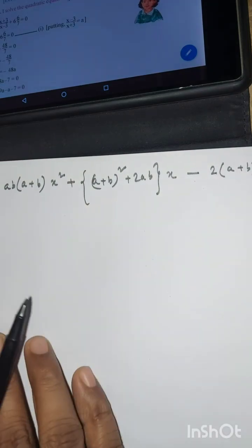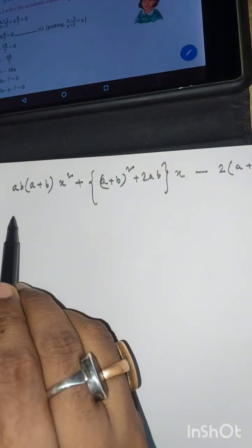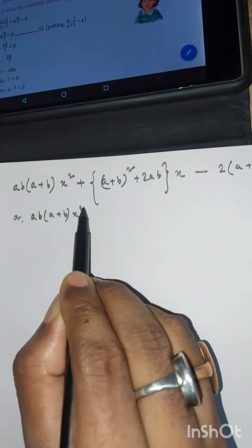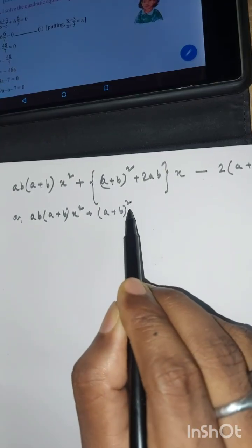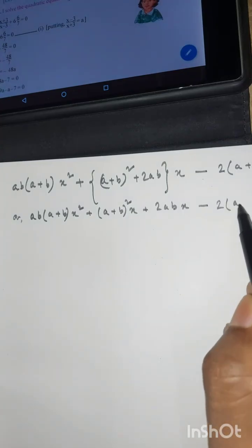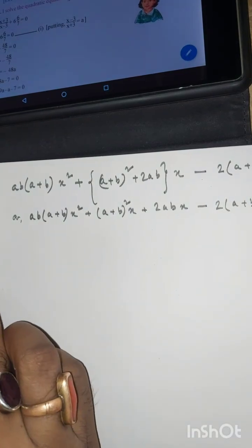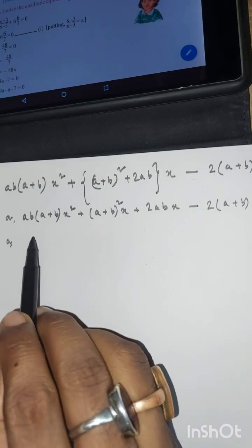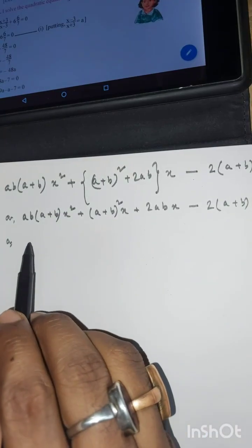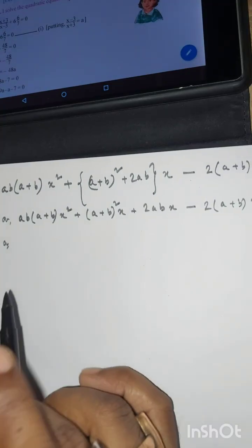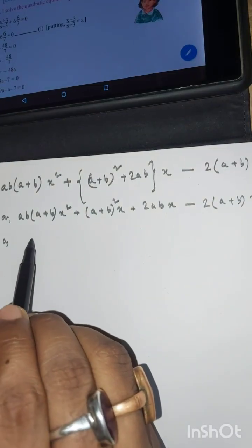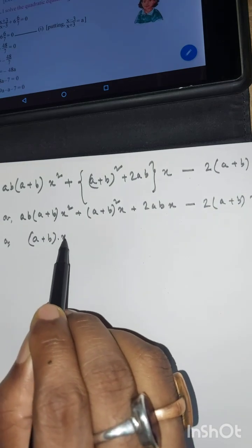Now if we break this term, we get, or taking a plus b common from these two quantities, we can write we are taking a plus b into x common.